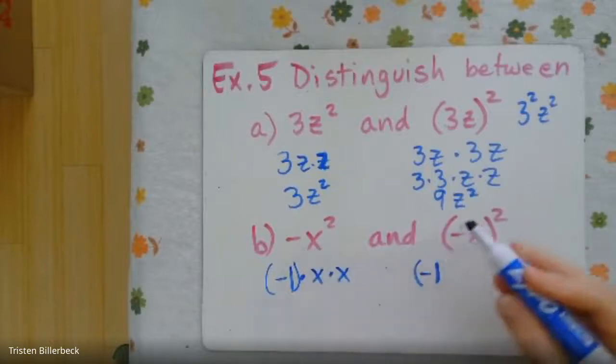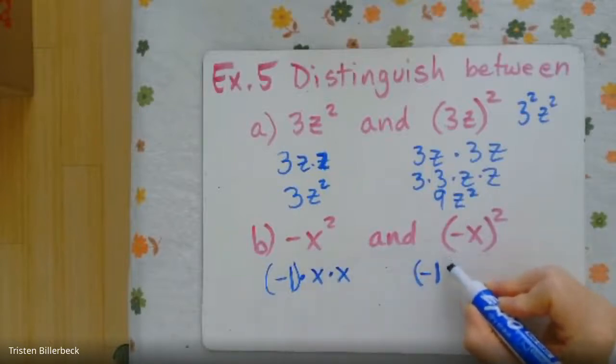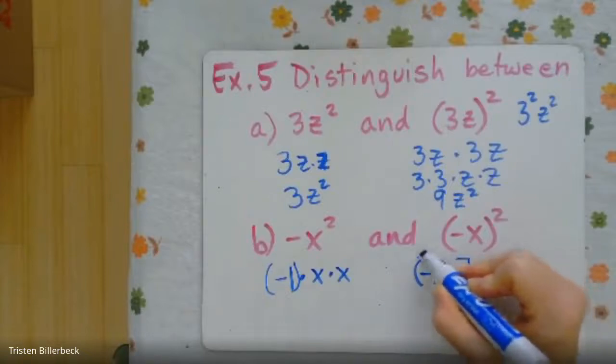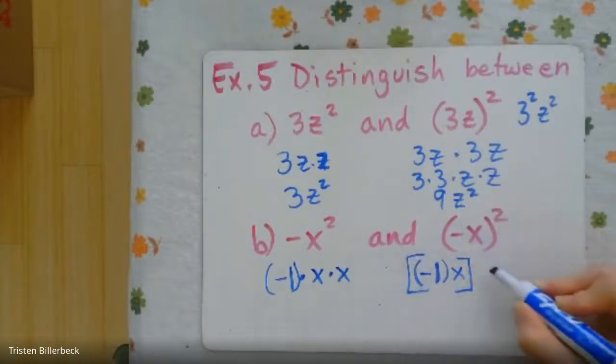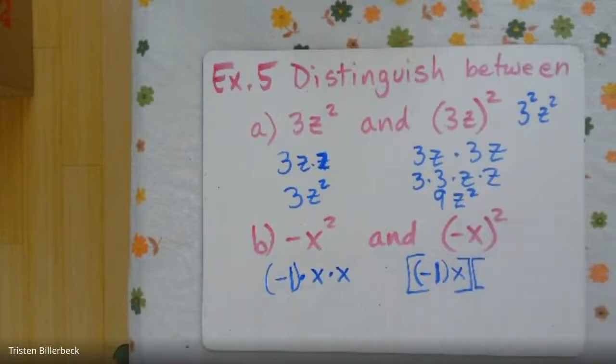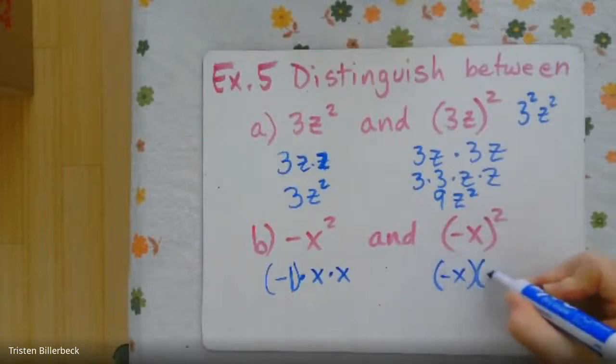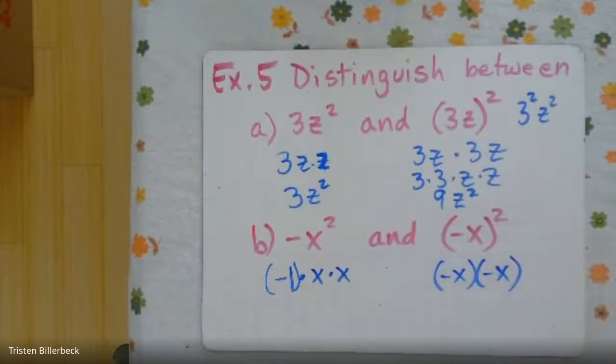So if we know that -x is -1 times x, because when we have a negative there, there's really a 1. Oh, that gets too complicated for you. Let's go back. So this is -x times -x. Okay, so the negative goes with both of them. That's easier to look at, isn't it?